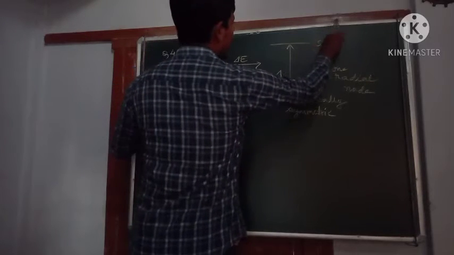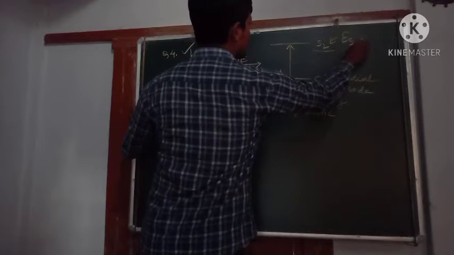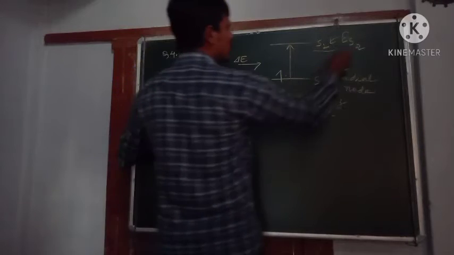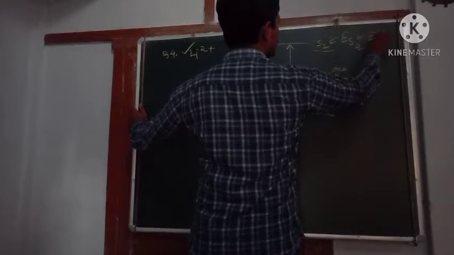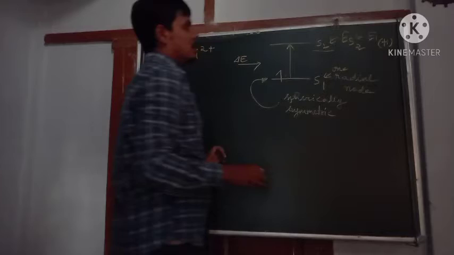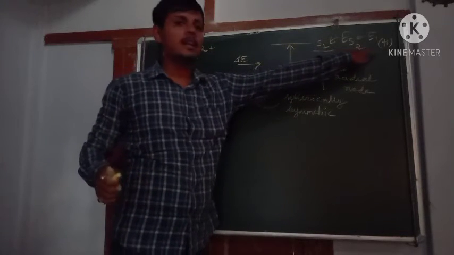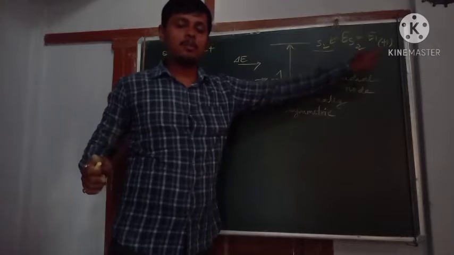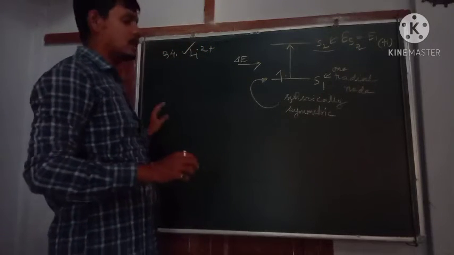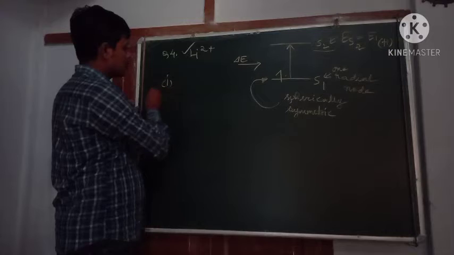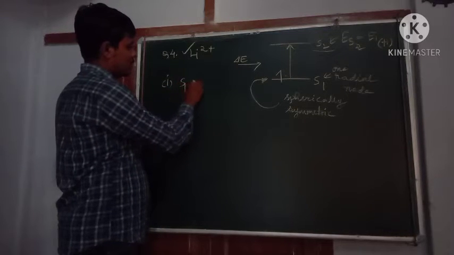The energy of the S2 state is equal to the energy of the ground state of hydrogen. If this is the case, in the first question you are asked to find what S1 is.